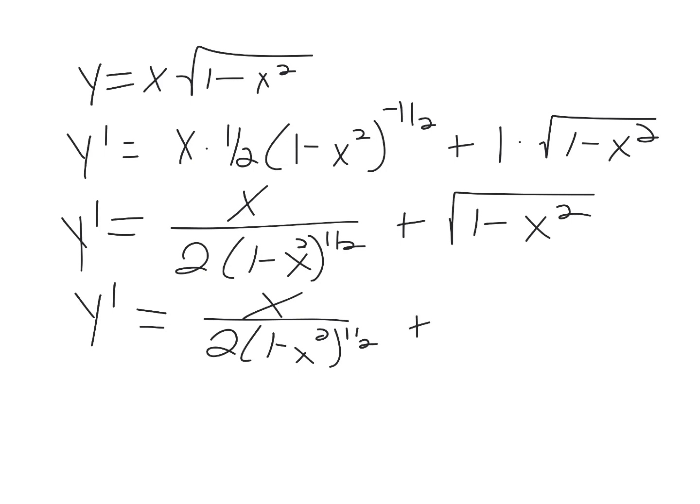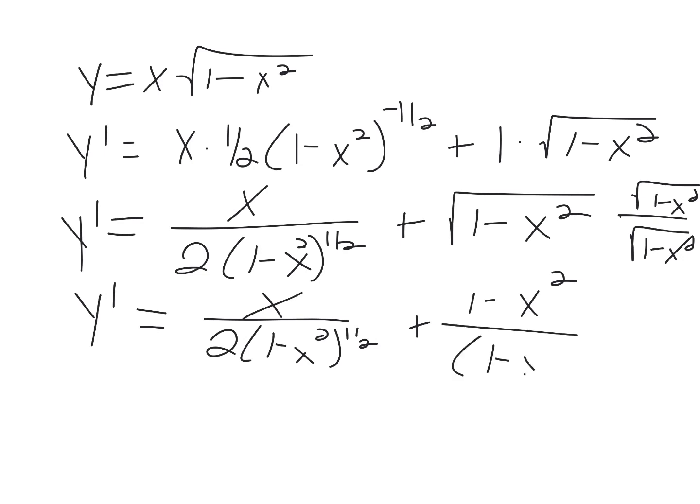That's going to be 1 minus x squared, because I'm multiplying this by square root of 1 minus x squared over the square root of 1 minus x squared. I'll take care of the 2 in a minute. We'll worry about that when we get there. 1 minus x squared to the 1/2.